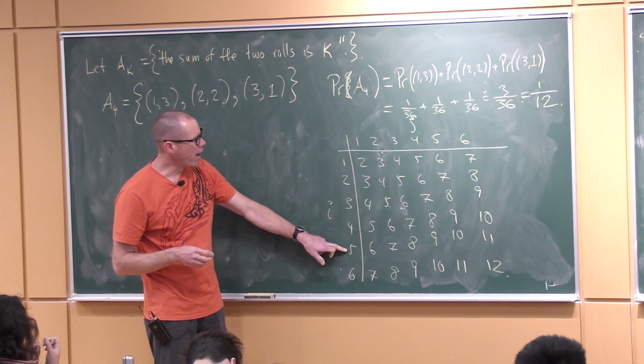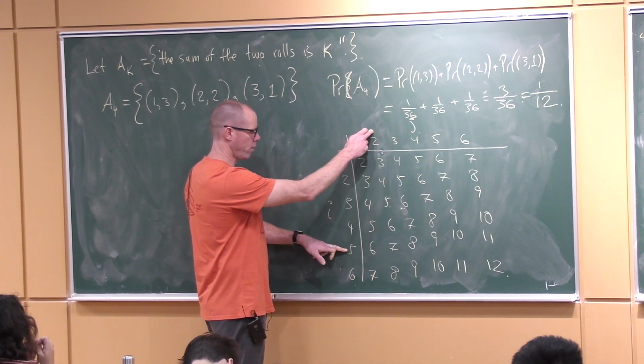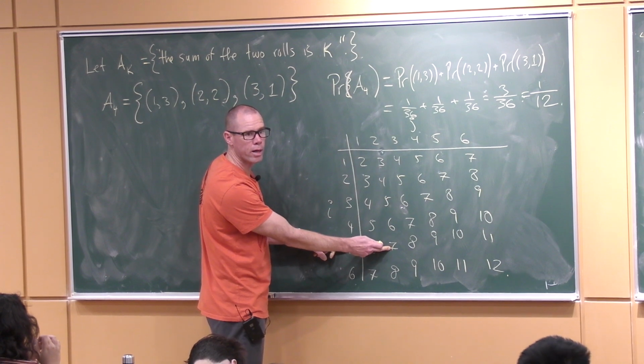So if I roll a 5 on my first roll and a 2 on my second roll, then the value that I get is a 7.